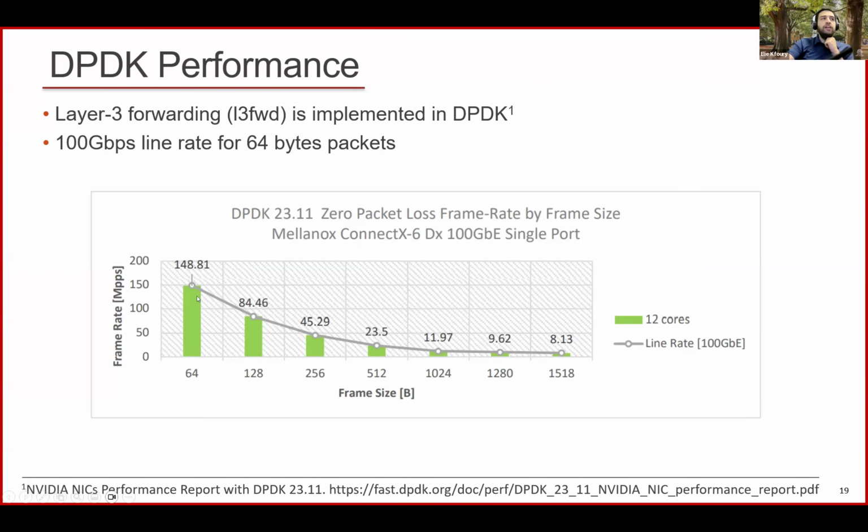And what you can see here on this gray line is the line rate. So this is showing us that regardless of the packet size or the frame size, we are achieving line rate. And here we are using 12 CPU cores.